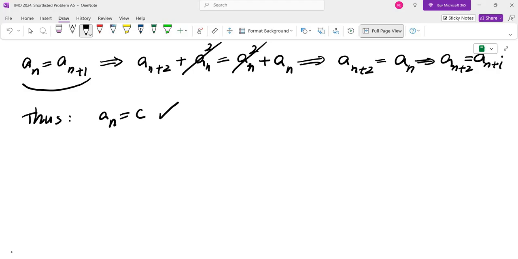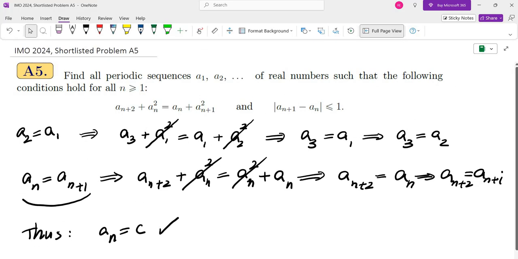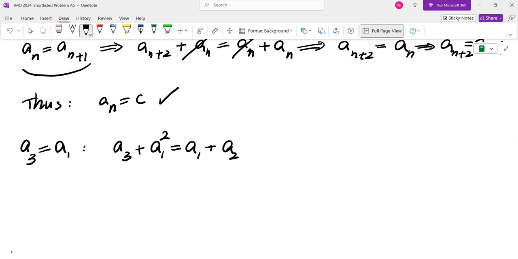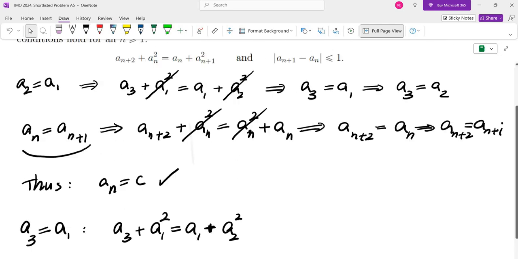Let's now assume that the period is 2. So that means A3 is equal to A1. And let's see what we get. So let's write down the condition that we are given. So we have A3 + A1^2 = A1 + A2^2.